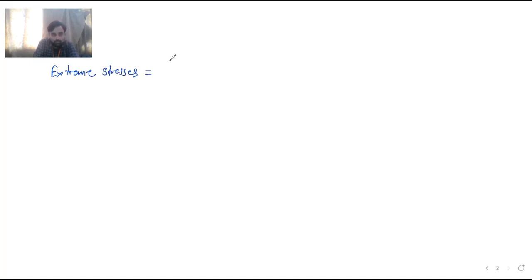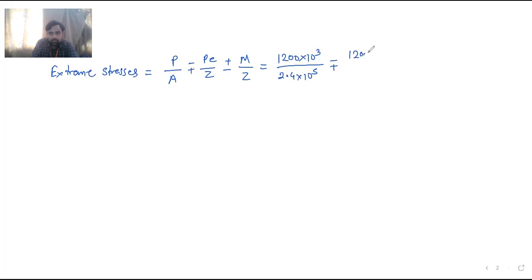Extreme stresses is equal to P by A minus plus PE by Z plus minus M by Z. Just put the values. 1200 into 10 raised to 3 divided by area, which was 2.4 into 10 raised to 5, minus plus P, 1200 into 10 raised to 3, into eccentricity 140, divided by Z, 2.4 into 10 raised to 7, plus minus M by Z. M is 297 into 10 raised to 6, divided by Z, again 2.4 into 10 raised to 7.